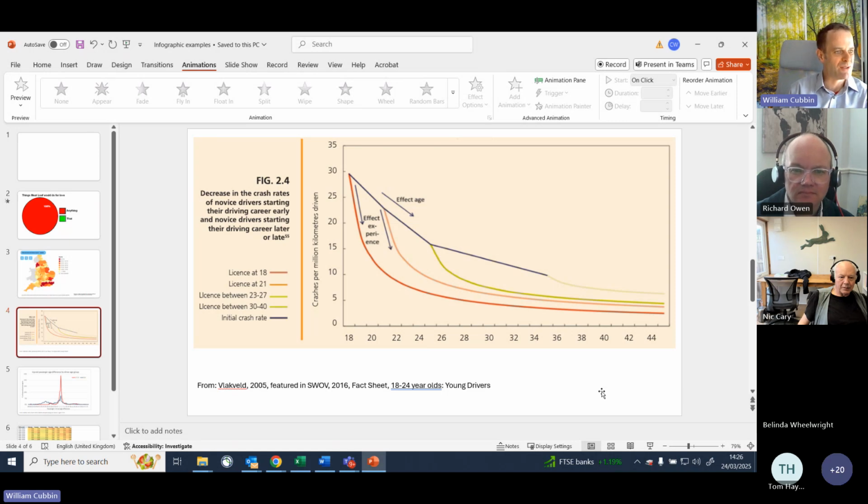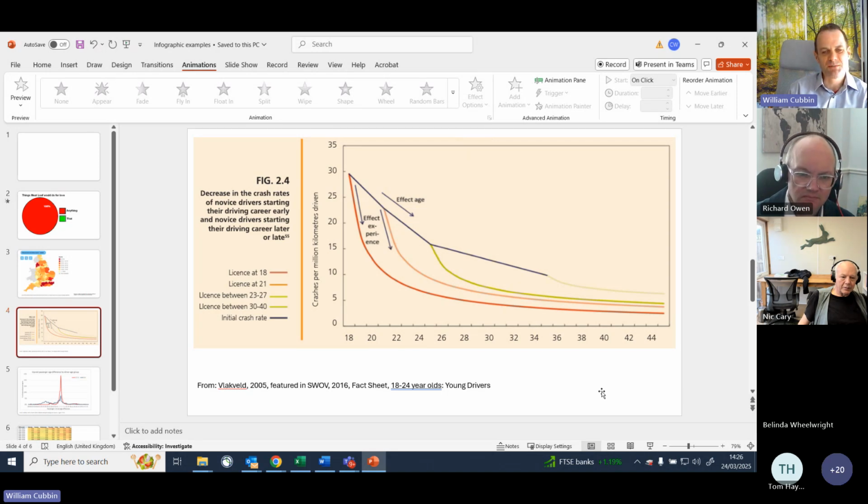And what's been done here is they've plotted crash risk over time from cohorts who've acquired their licence at different ages. From that, the analysis they've conducted has been able to isolate the effect of age over time on crash risk and the effect of experience.